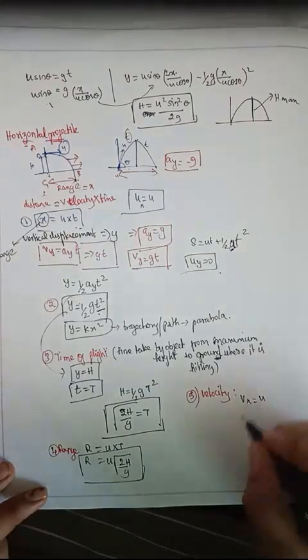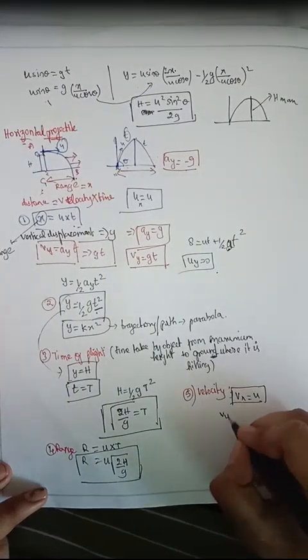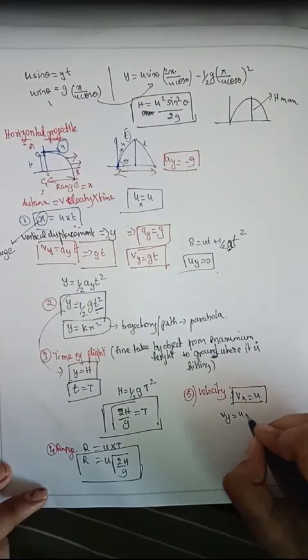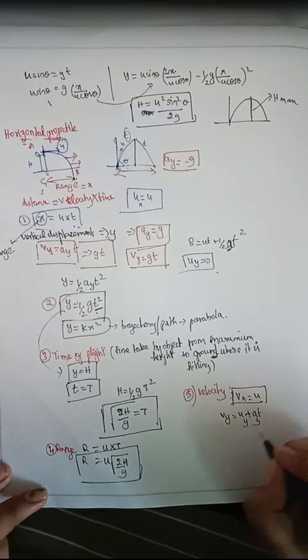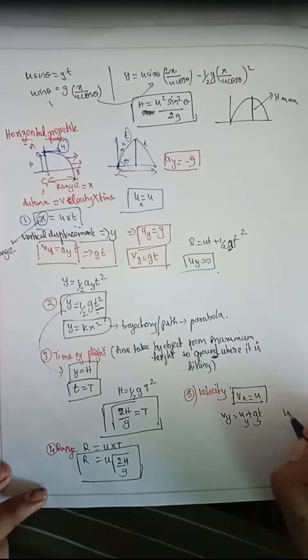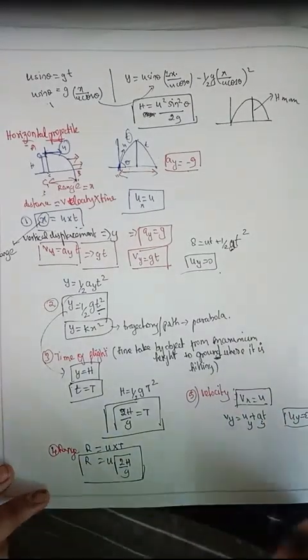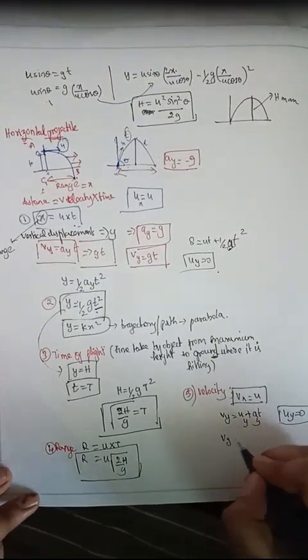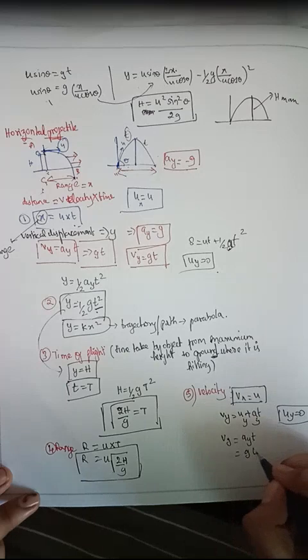For Vy, the equation of motion is v equal to u plus at, so Vy equal to Uy plus ay t. Uy equal to 0, since there is no vertical component in the initial velocity. So Vy equal to ay into t, and ay is nothing but g, so Vy equal to gt.